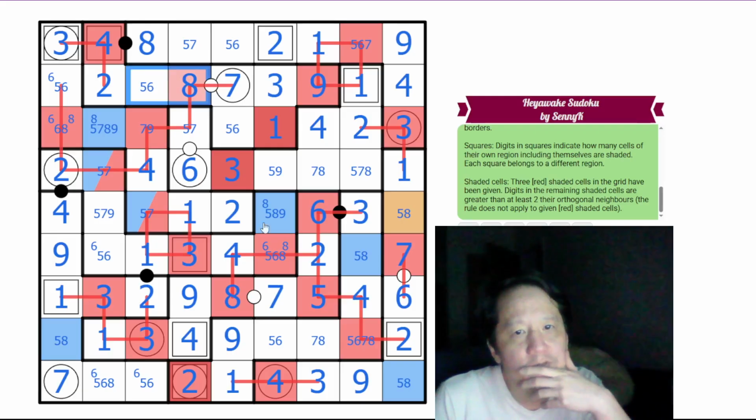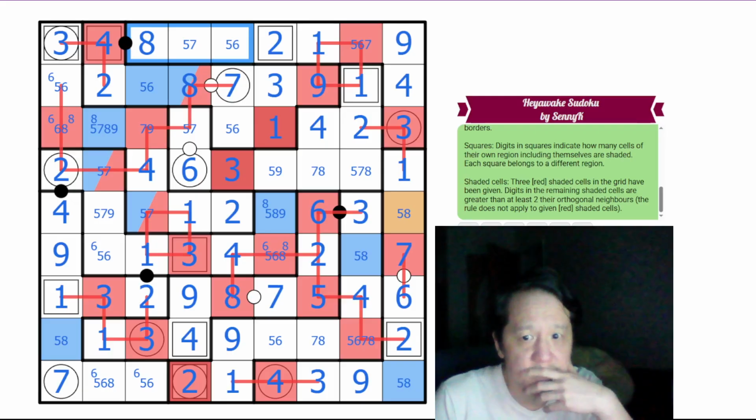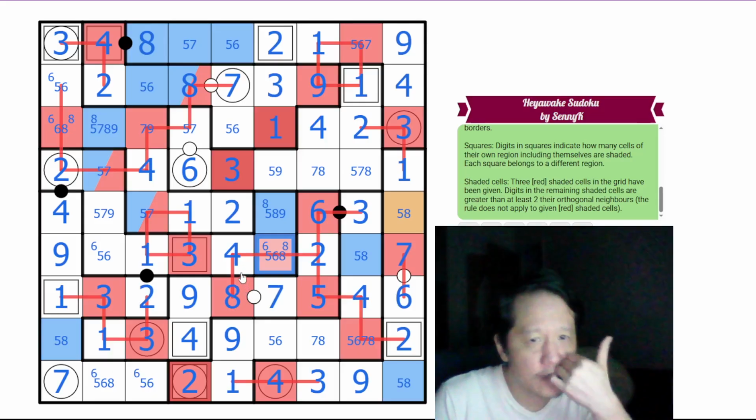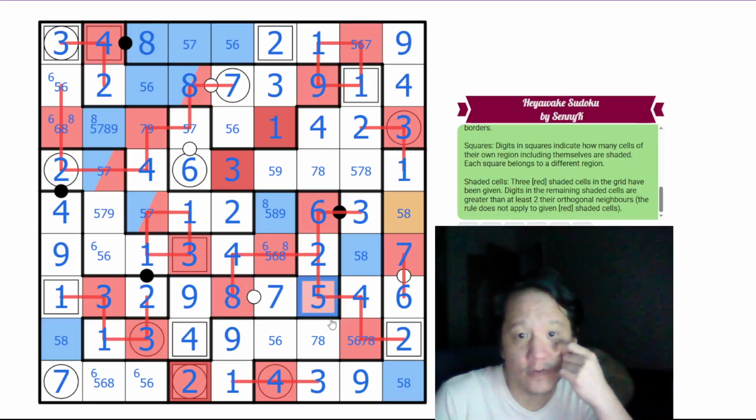Blue has to be one of these 2. Blue cannot be here. So blue is one of these 3. Okay. Does that help us? I don't really know. Blue's one of these 2, obviously. That's not helpful.